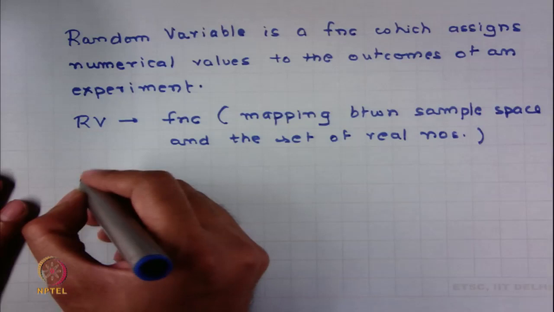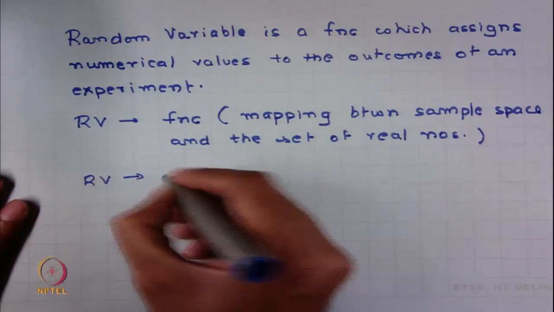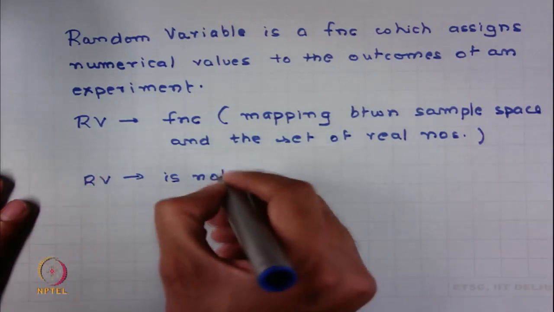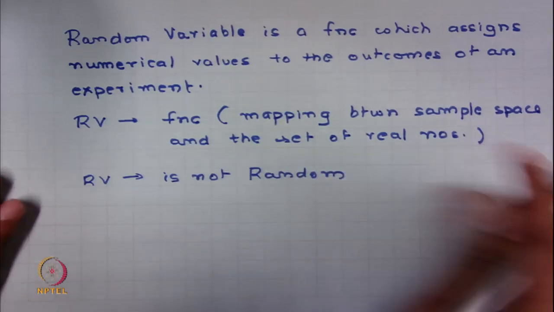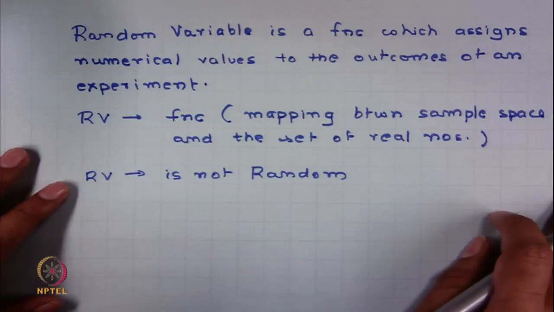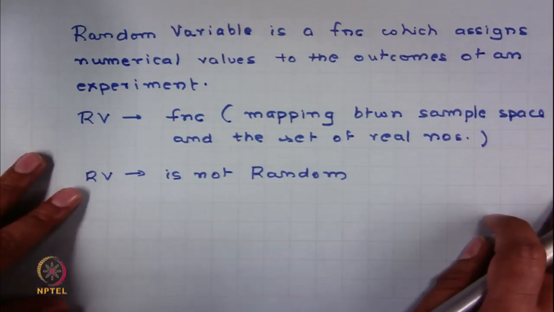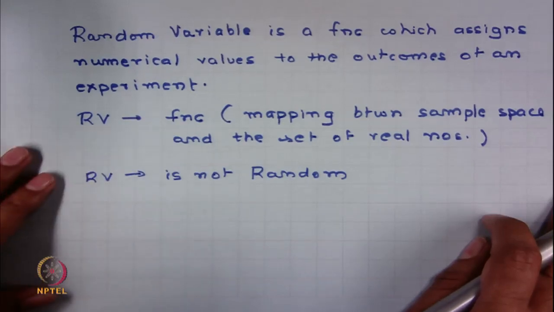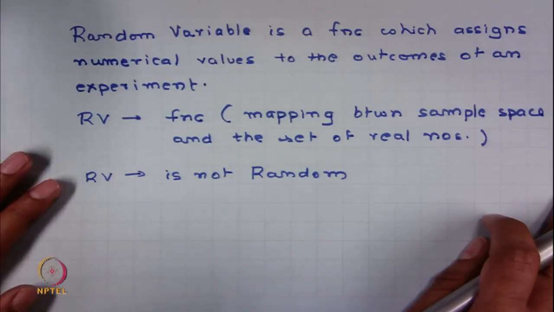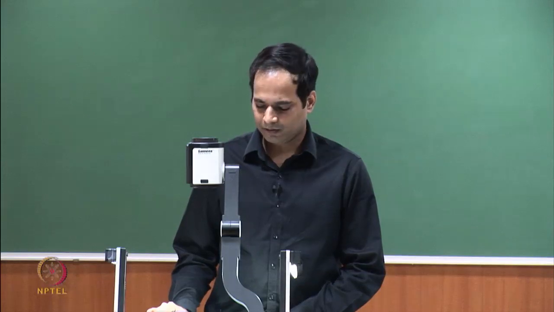Random variable is not random, because there is no randomness involved here. Randomness is which outcome turns up, but for a given outcome you have a perfectly deterministic mapping, all right.